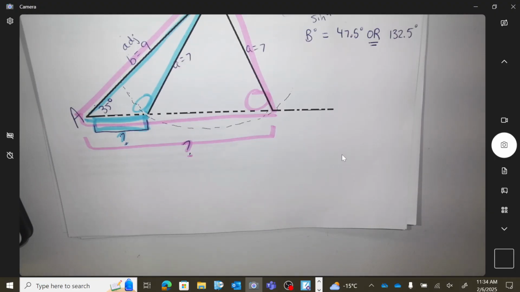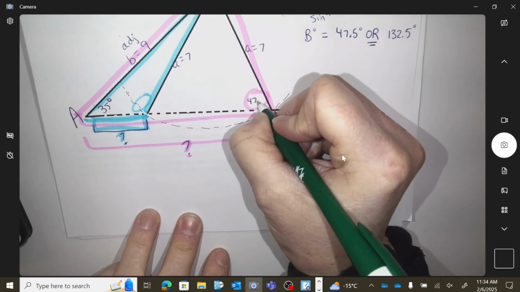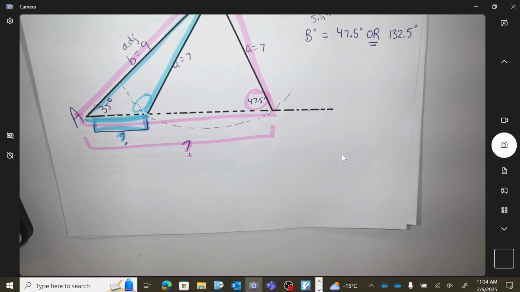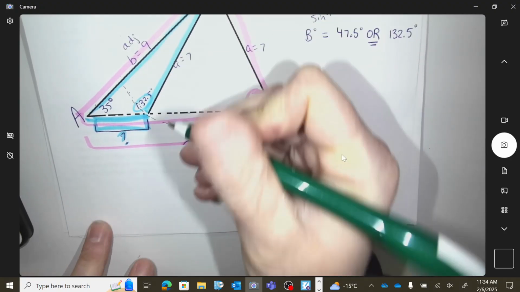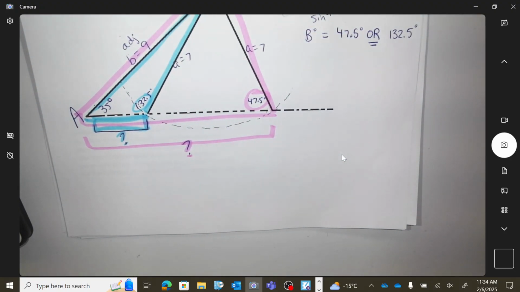One is obviously bigger than 90, and one is obviously smaller than 90. Can you see it? Okay, so that means I'm going to go small. This one's definitely less than 90, and this one is more than 90. Okay, so that's why that or situation is very important, because you have two triangles, therefore you have two angles.